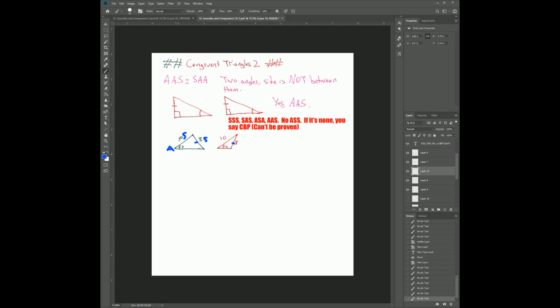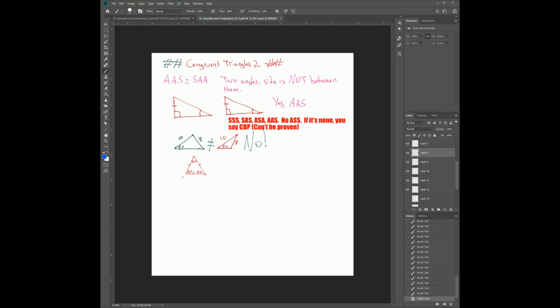Side, side, angle, which spells ASS, and we said that does not work. So this would be CBP. This shows you why angle, side, side doesn't work: if we have a side and an angle in this order, we've taken this side on this triangle and just swung it inwards instead. You can't use angle, side, side ever. So the answer is no, they are not congruent.